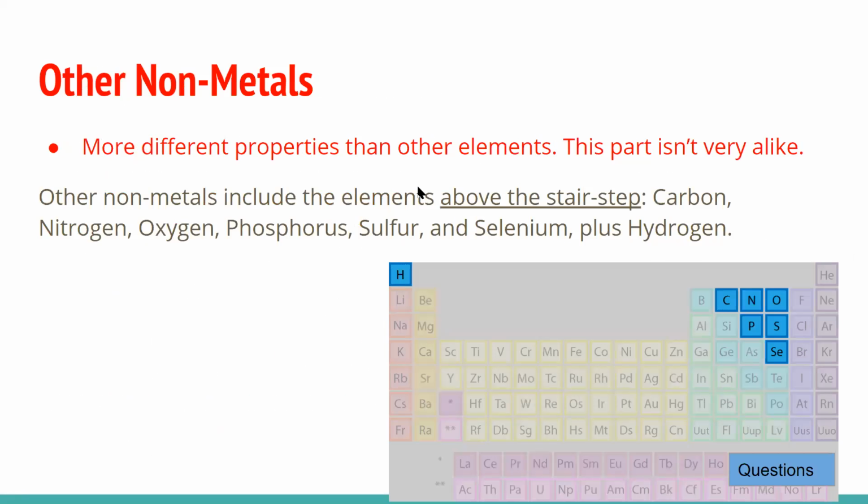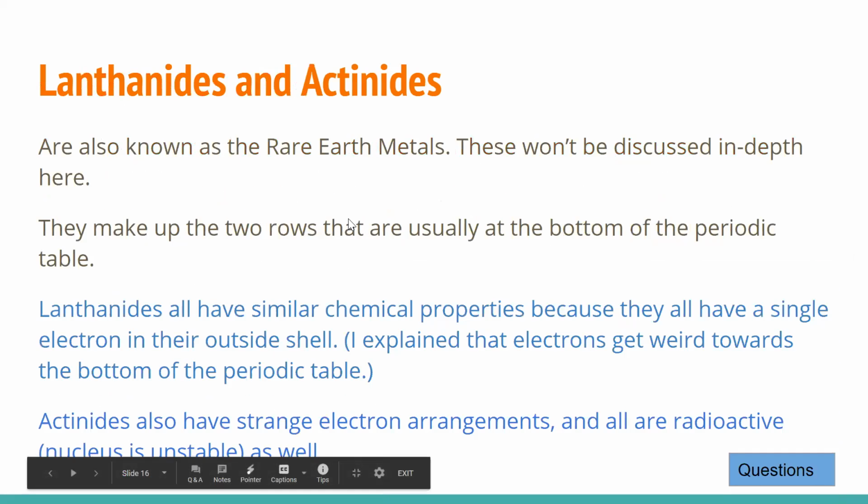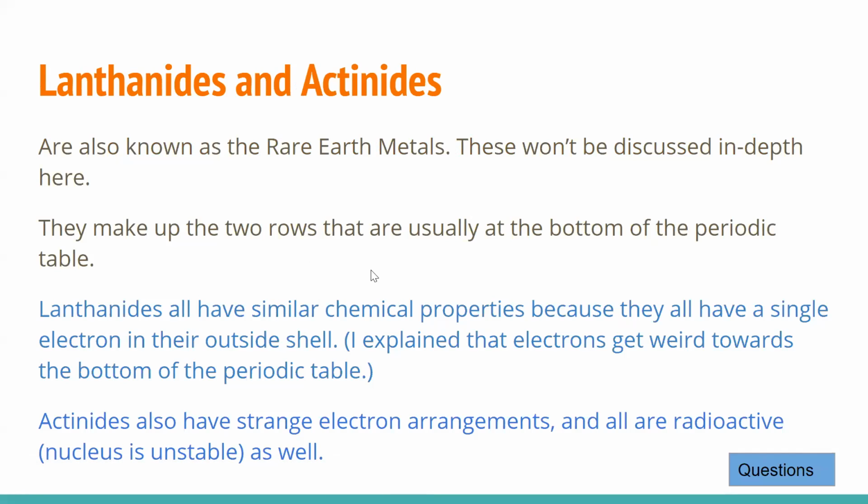Finally, at the bottom of the periodic table, down here, we have what are known as the rare earth metals. Two series of elements called the lanthanides and the actinides. We won't talk a lot about them. We will say that lanthanides, they all have similar chemical properties because they have the same electron on their outer shell.